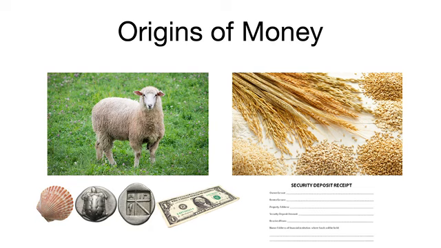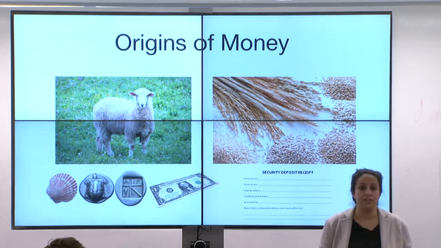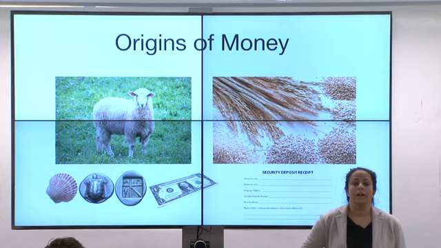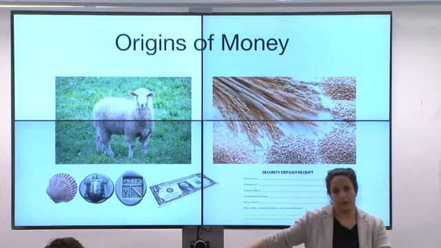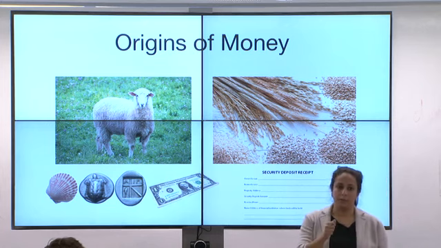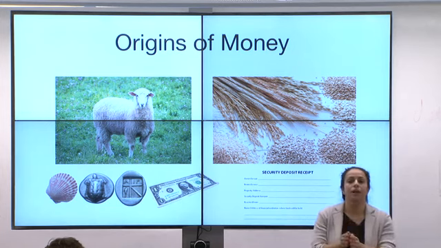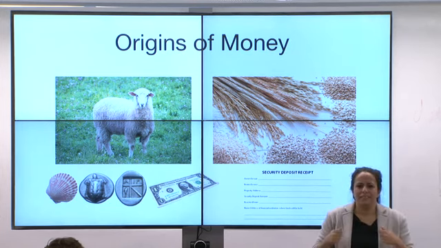Another theory of how money came about is this idea of receipts, debt and credit. Maybe I have a sheep and I shear all of my sheep and collect a lot of wool. What I can do is store that wool somewhere, and I can get a receipt from someone for having stored that wool. And that receipt is of value.